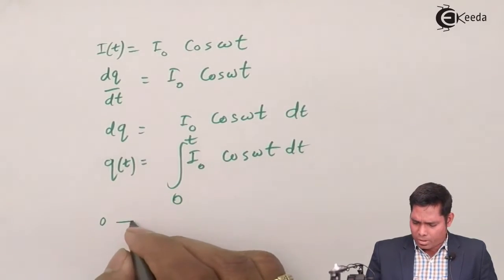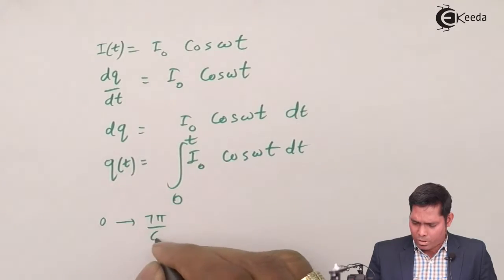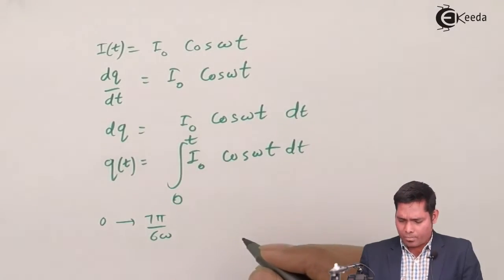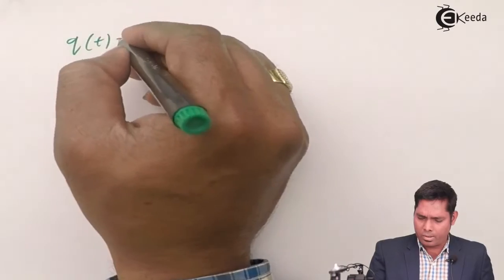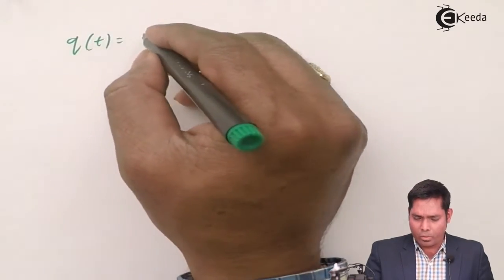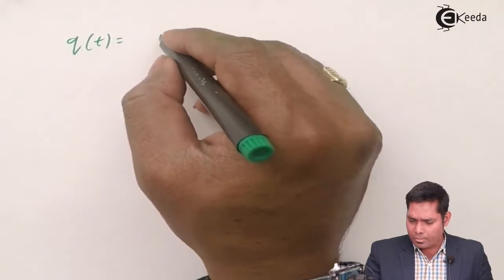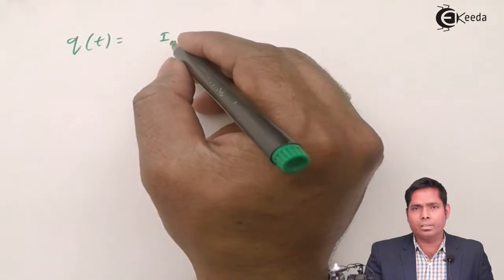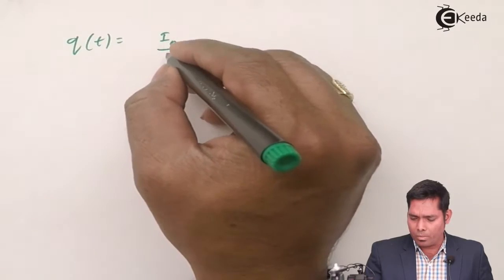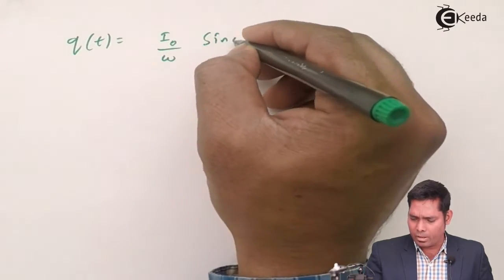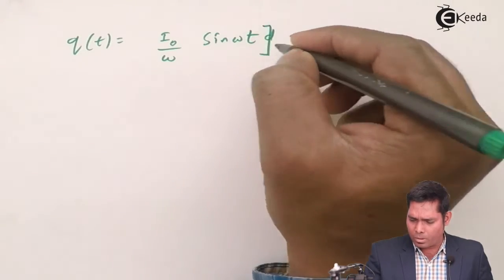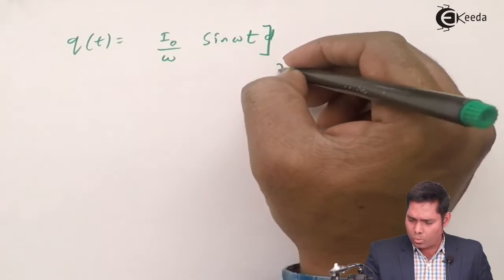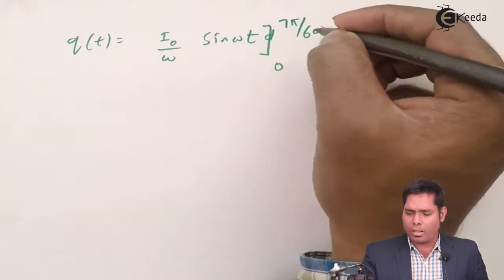We want the time 0 to 7 pi over 6 omega and see how much we get. So I'll write one more step here. I naught comes out. The integration of cos omega t dt is sin omega t divided by omega, and that varies from 0 to 7 pi by 6 omega.